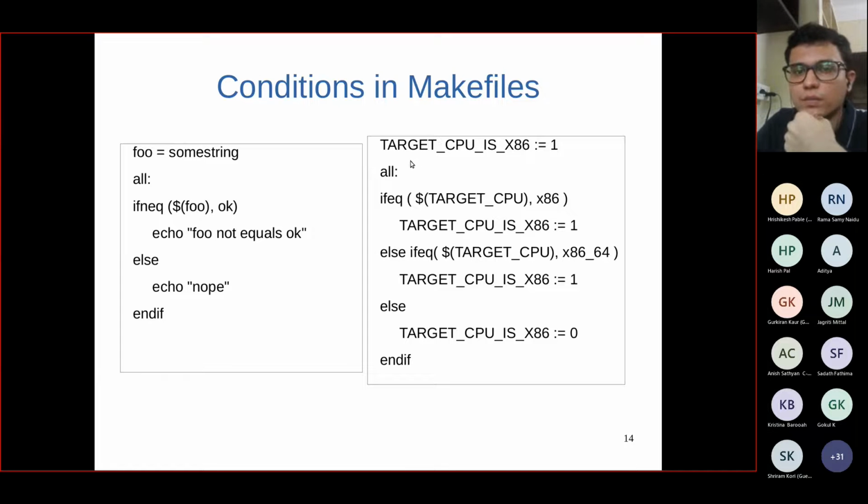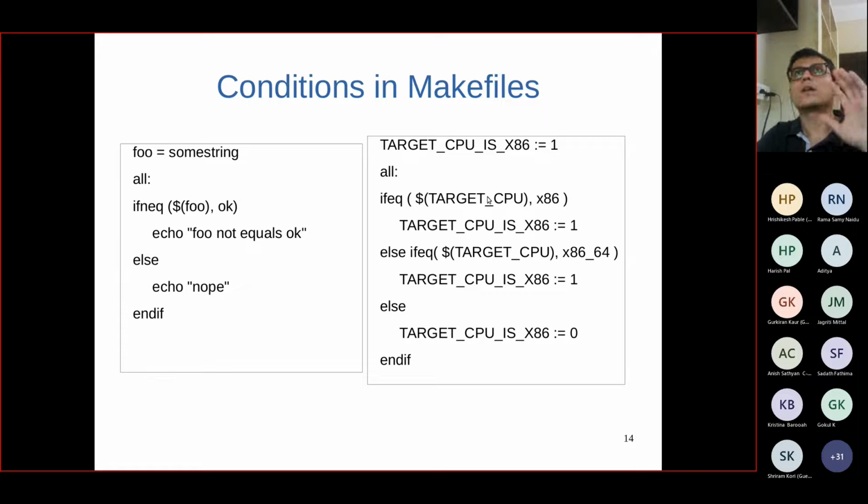This example is probably wrongly written, because the variable names here and here are not matching. But let us assume that there is some variable which is declared, target underscore CPU, and we are checking if its value is x86.